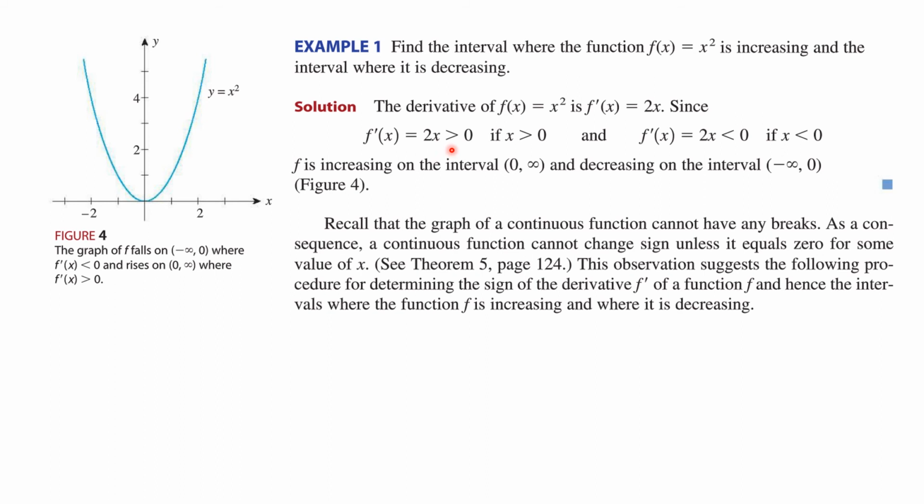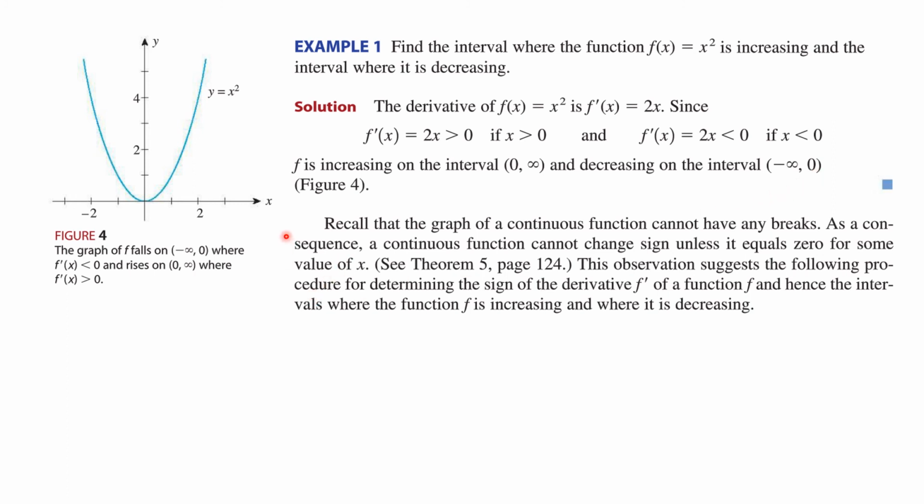So we set 2x bigger than 0. We divide both sides by 2, and that's when x is bigger than 0. Similarly, we can say, when is it negative? 2x is less than 0. If x is less than 0, dividing both sides by 2 again. So f is increasing on the interval 0 to positive infinity, and decreasing on the interval from minus infinity up to 0. Notice that these are open intervals.